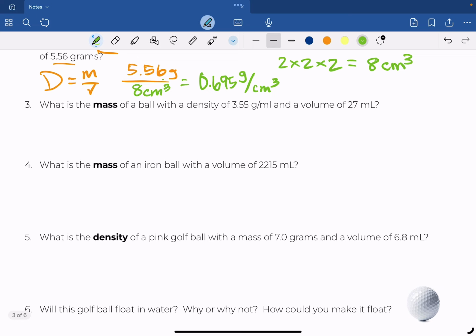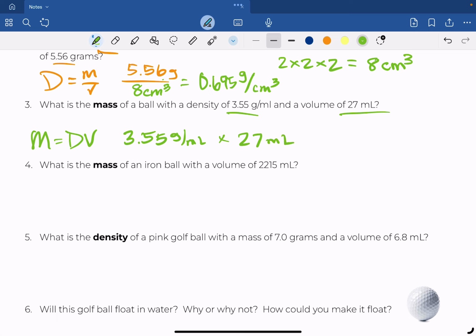Okay, number 3. Number 3 is saying what is the mass? If we don't know the mass, we use the mass formula, which is density times volume. In this case, we're given a density of 3.55 and a volume of 27 milliliters. And so let's plug in the density first. 3.55 grams per milliliter, and that will be multiplied by 27 milliliters.